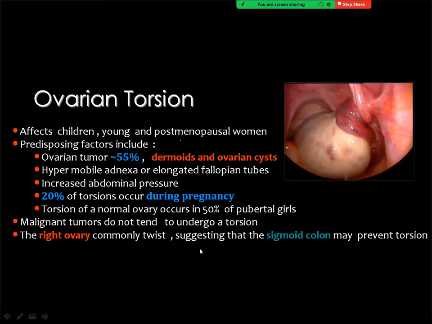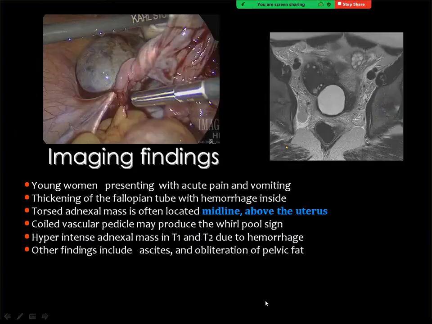Then sometimes you get ovarian torsion in about 20% of the patients during pregnancy, and the torsed ovary is usually on the right side, because it is suggested that the sigmoid colon may prevent torsion on the left side.